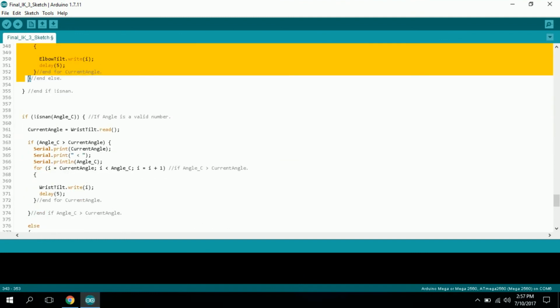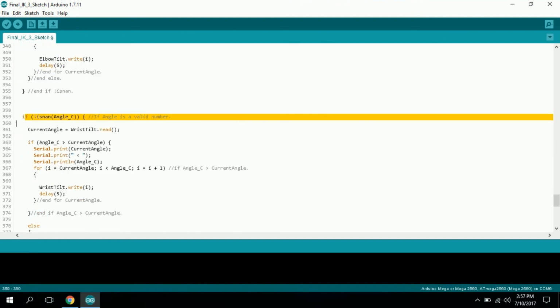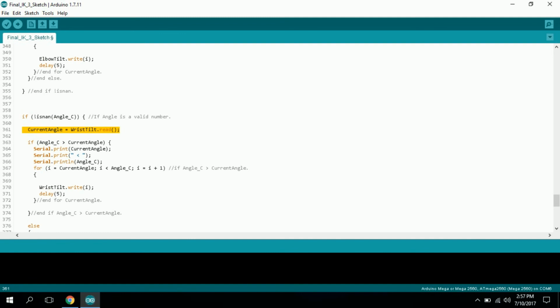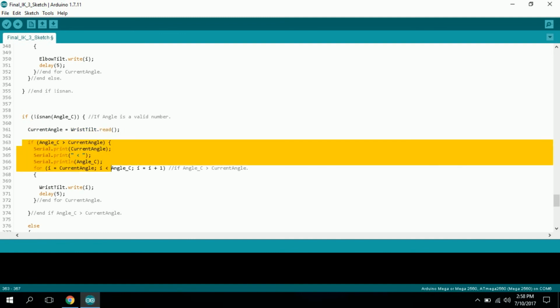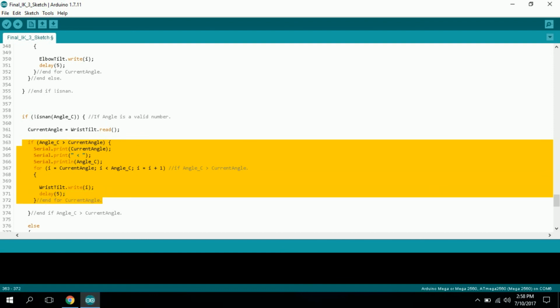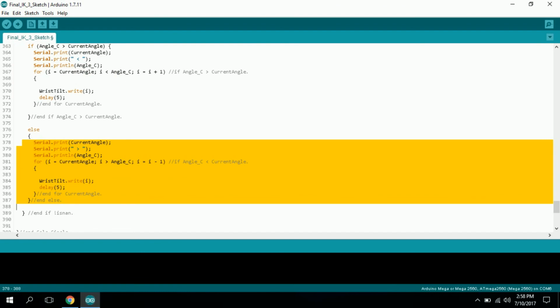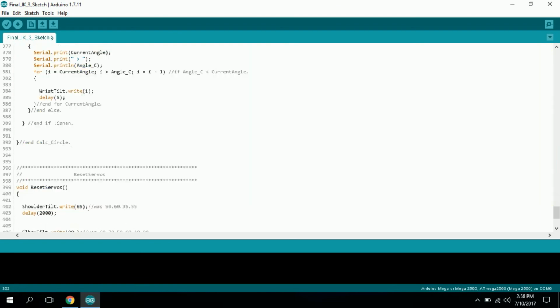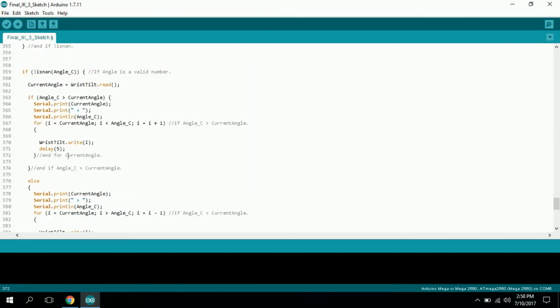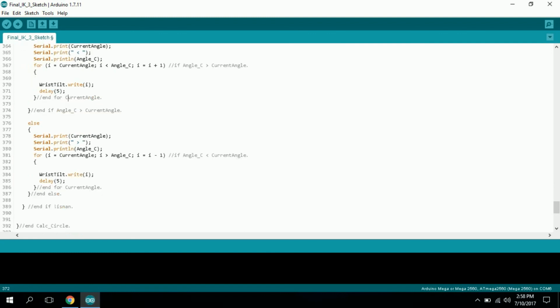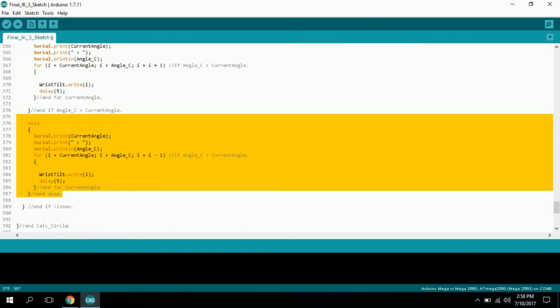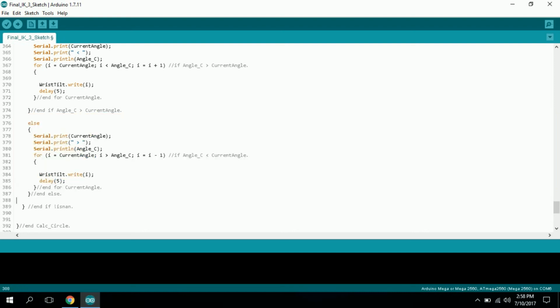And then we have C. If C is a number, set the current angle to the wrist tilt. If it's greater, we move the servo down to the angle, else we move it up to the angle slowly in 1 degree increments with a 5 millisecond delay. And that's it. That moves all the angles.